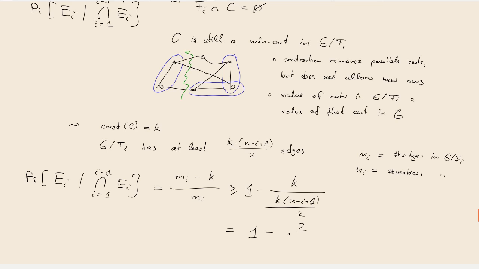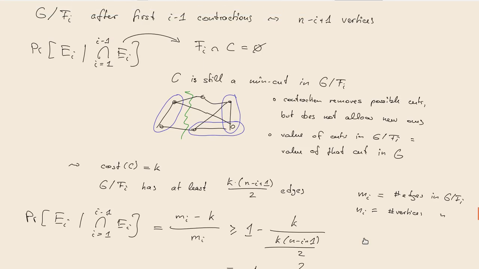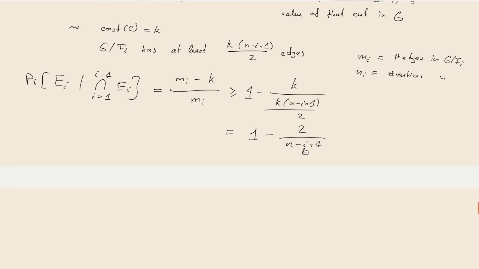And we obtain something similar as before, only that now there's this additional summand minus i down here, which shows you that if i gets large or close to n, then the probability is actually going down a lot.